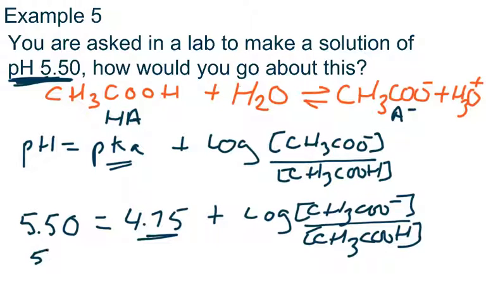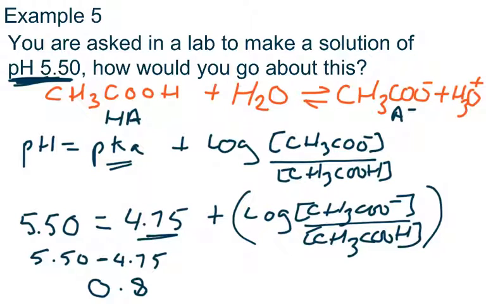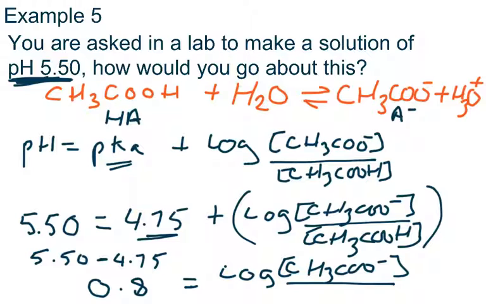So we get 5.50 minus 4.75, and that's going to equal this over here. 5.50 subtracted by 4.75 gives us 0.8, and that equals log of the CH3COO minus concentration over CH3COOH. This is HA. Okay, squeeze it in there.